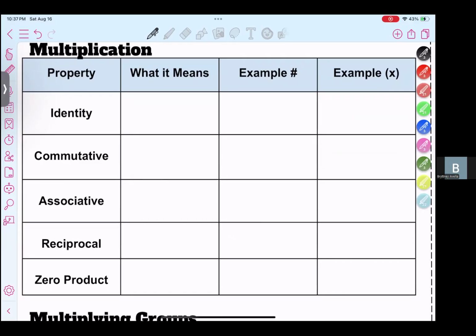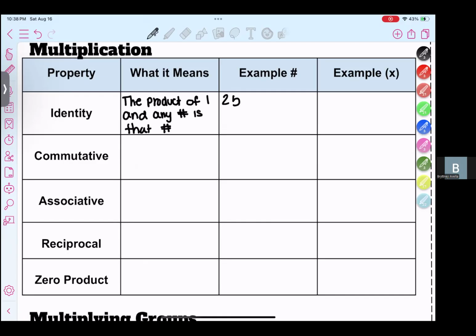So we have the identity property here as well, except instead of 0 being used for our identity property, for multiplication, we use the number 1. So the product of 1 and any number is that number.